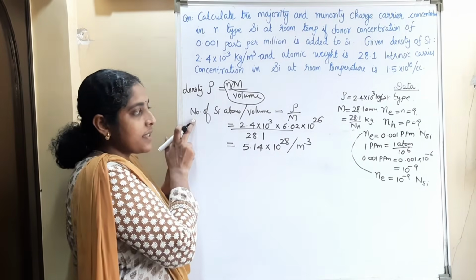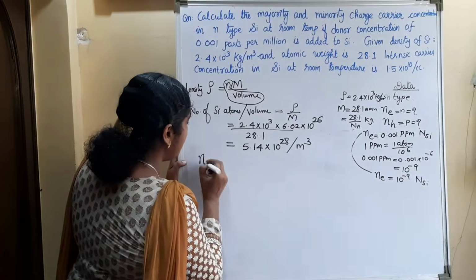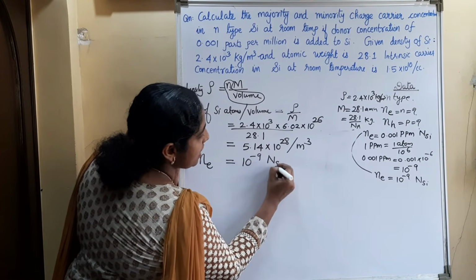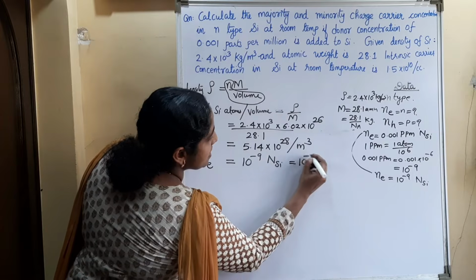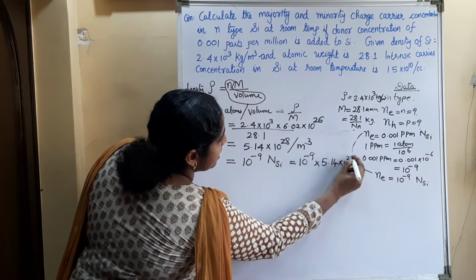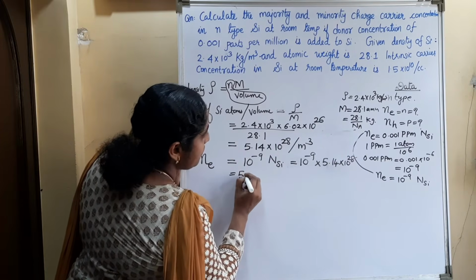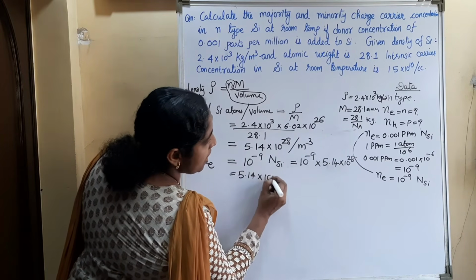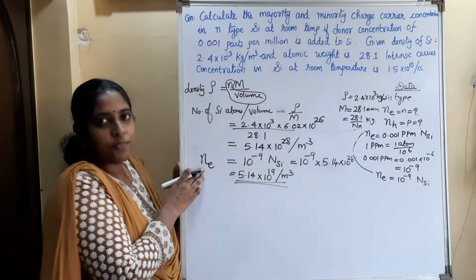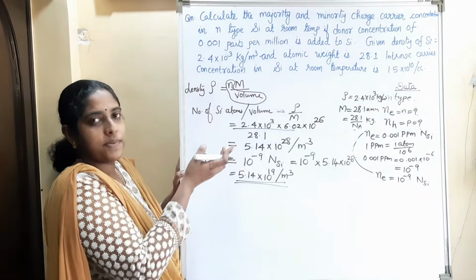From the number of silicon atoms per volume, we can find out the number of electrons, that is 10 raised to minus 9 into 5.14 into 10 raised to 28, that is 5.14 into 10 raised to 19 per meter cube. So it is the concentration of major charge carrier, that is electron in n-type semiconductor.